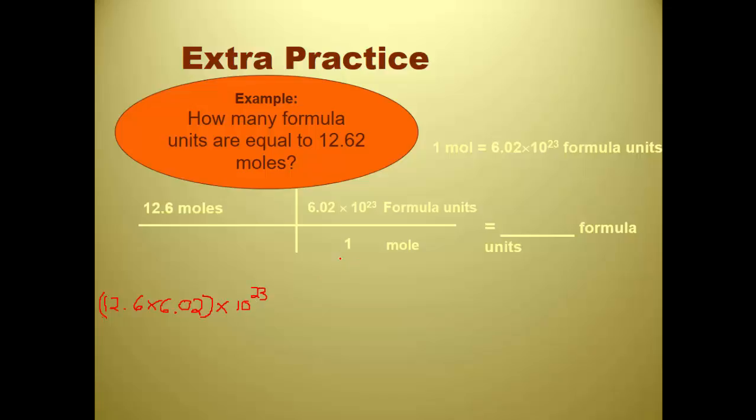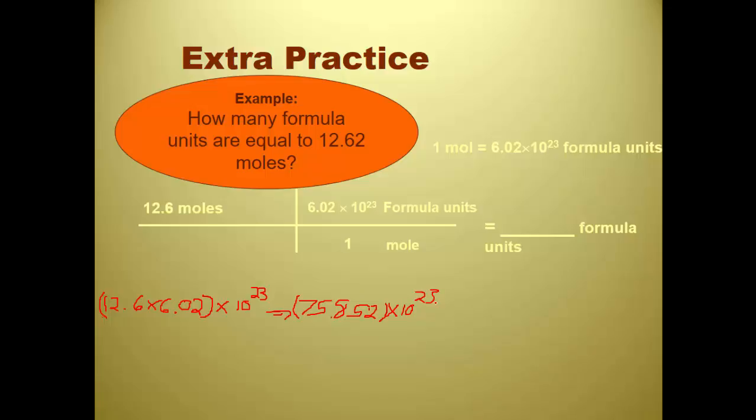It's divided by 1, but we don't have to worry about that. We multiply that out, put it in the calculator, and we get 75.852, and again this is all times 10 to the 23rd.